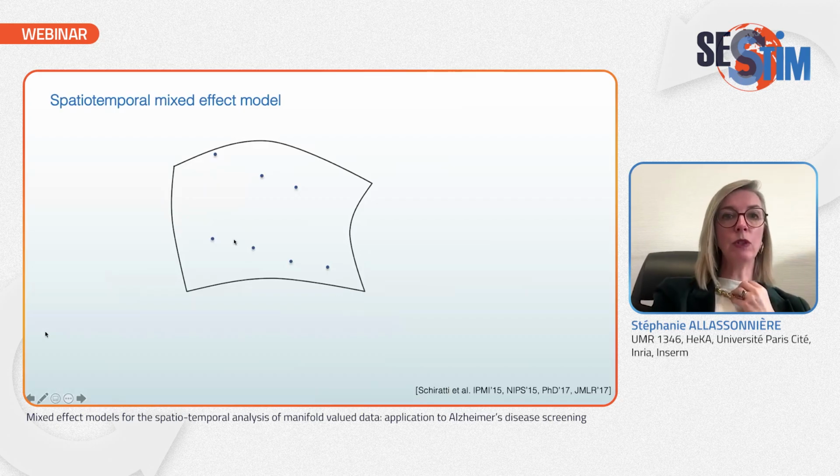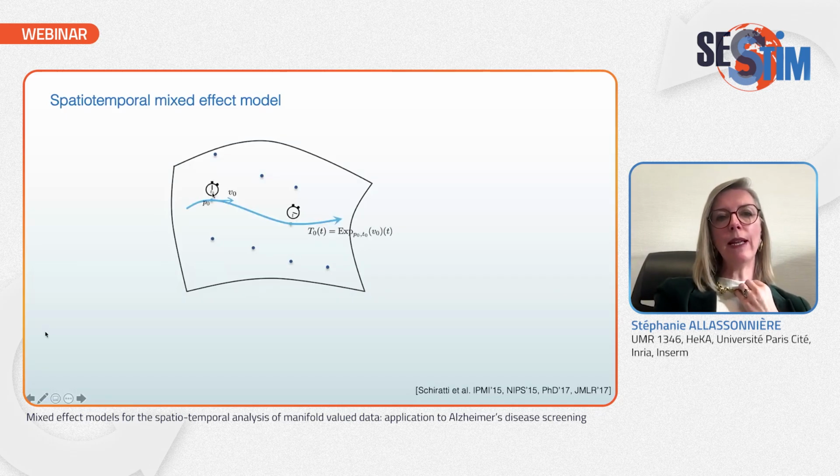So what is this spatio-temporal mixed effect model? Each person has a specific number of observations, each observation living in a manifold. So basically, this is a non-flat space where the mean path, the mean energetical path, is not a straight line, it's a curved line because you have to go all around mountains or valleys, etc. What we assume is that the representative trajectory is actually this lowest energy curve, which is called a geodesic.